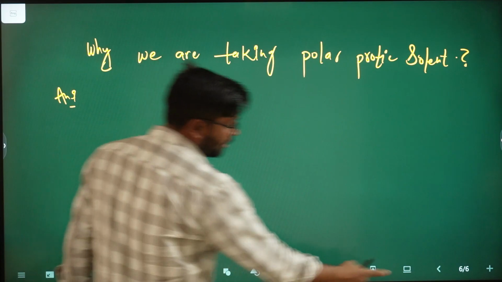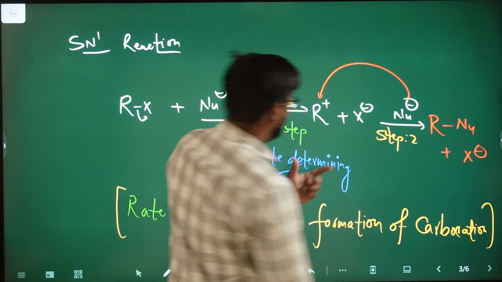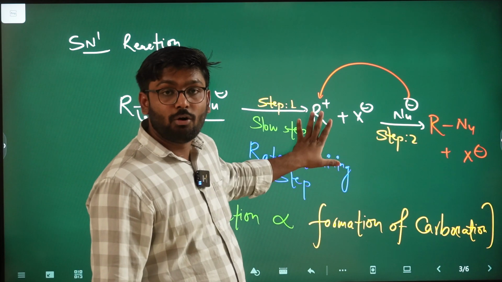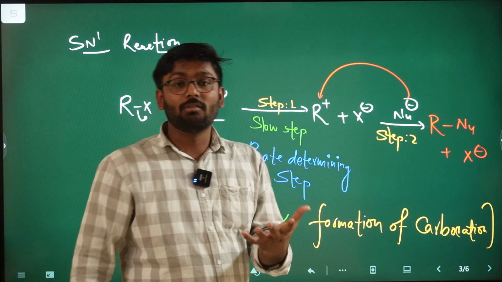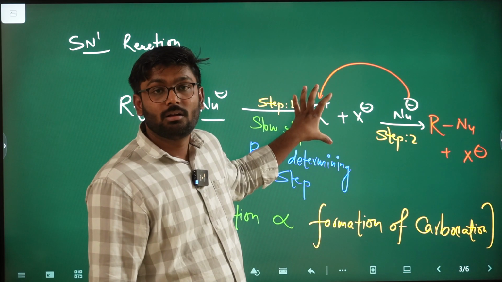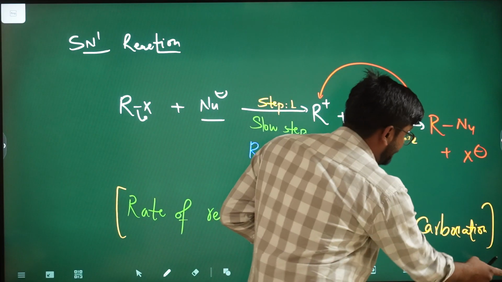In the reaction mechanism, I see carbocation formation is the rate determining step. So if any solvent can stabilize this carbocation, then the rate of reaction is going to be fast.